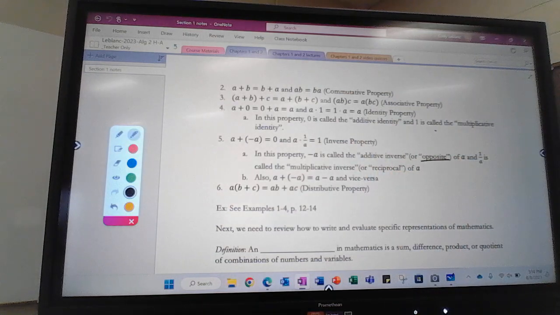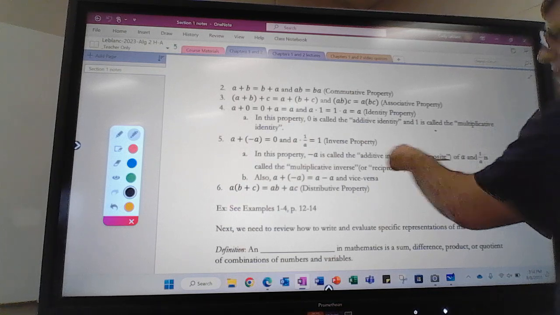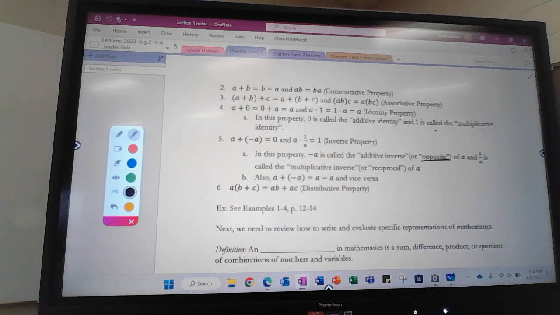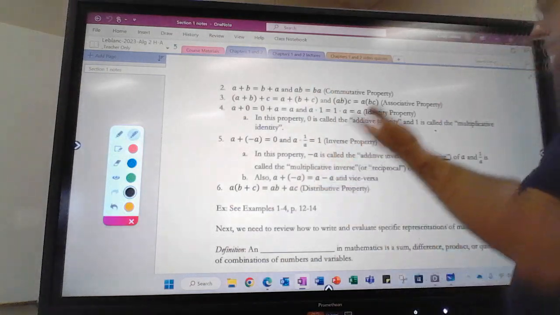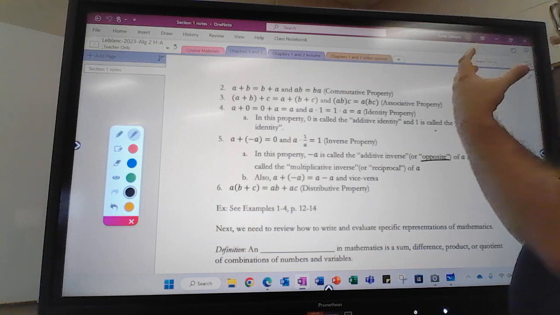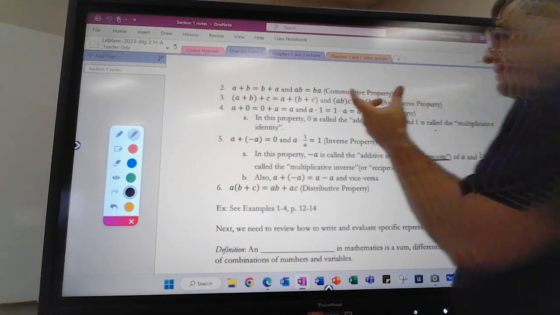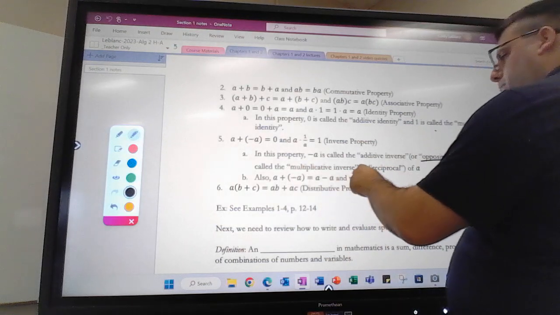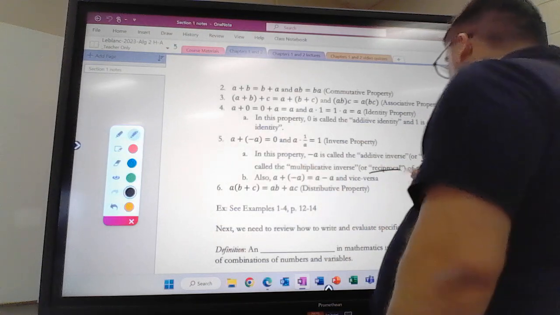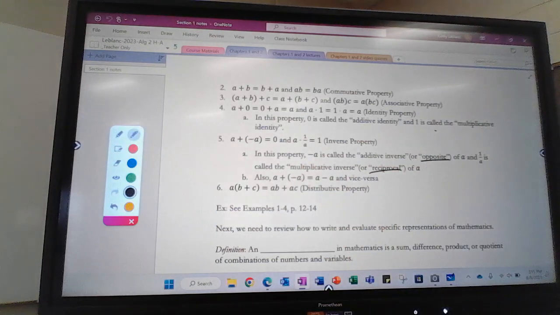So anytime you think of the word opposite, make sure it's in the right context. Opposite in mathematics means the negative version of that number. And of course, a times 1 over a is 1. So if I flip it into a fraction like this, it's called a multiplicative inverse or a reciprocal. A number times its reciprocal is always going to be 1.